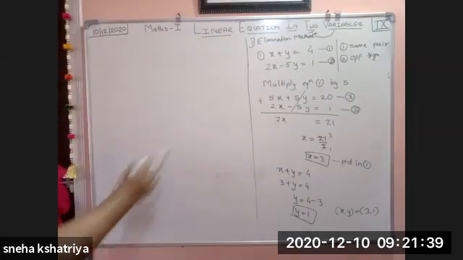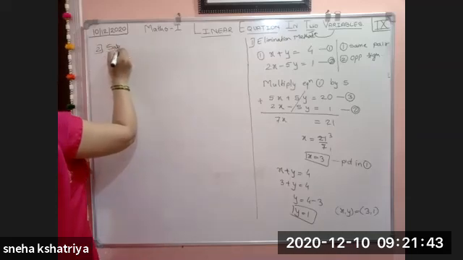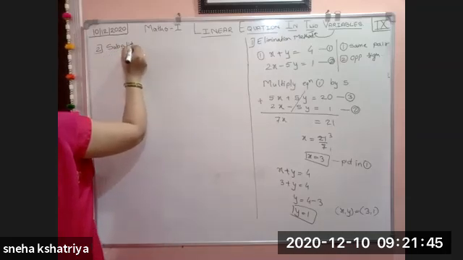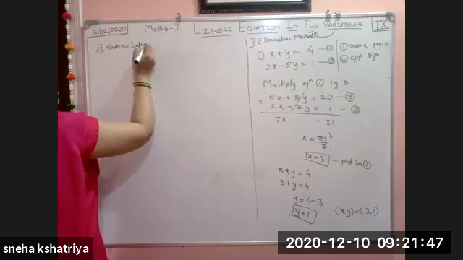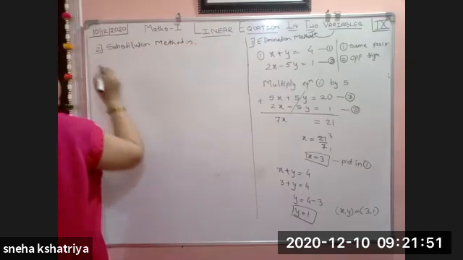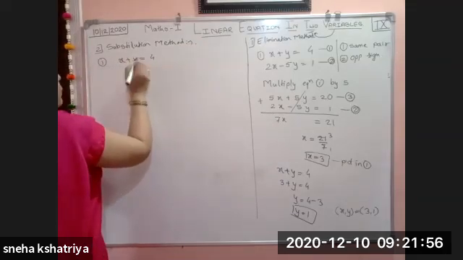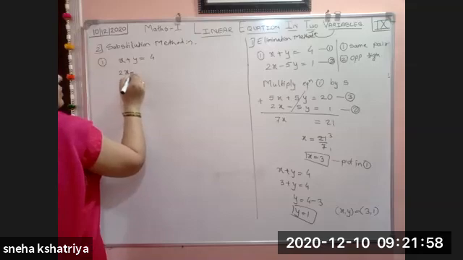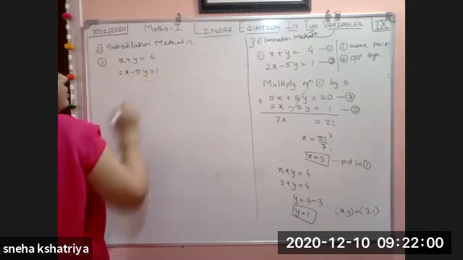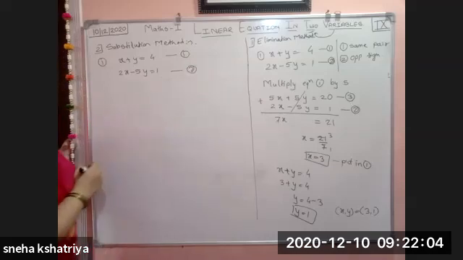Okay? The same example we will see here, second, by the substitution method. The example is x plus y is equal to 4 and 2x minus 5y is equal to 1. This is equation 1. This is equation 2.